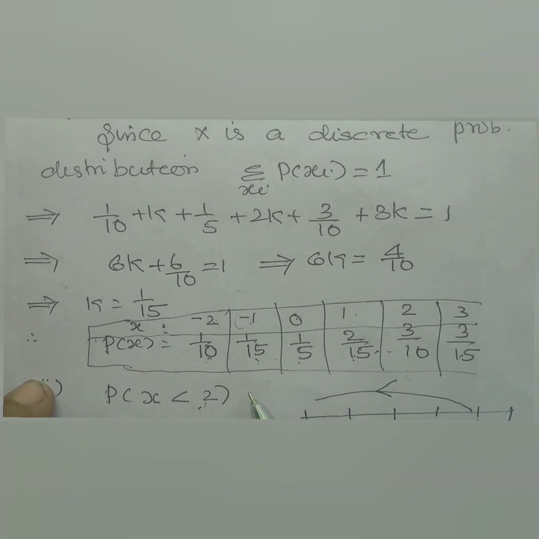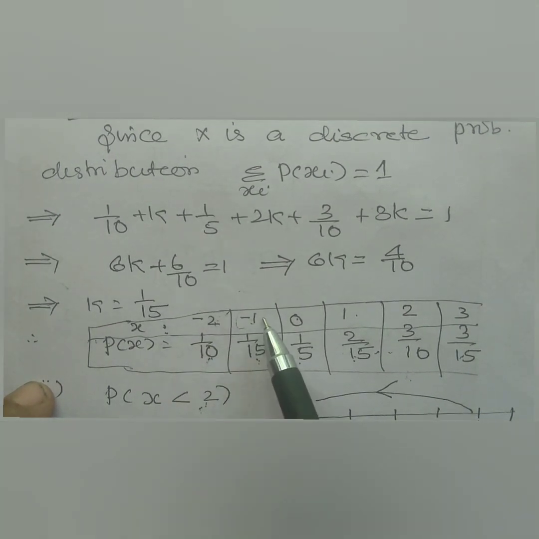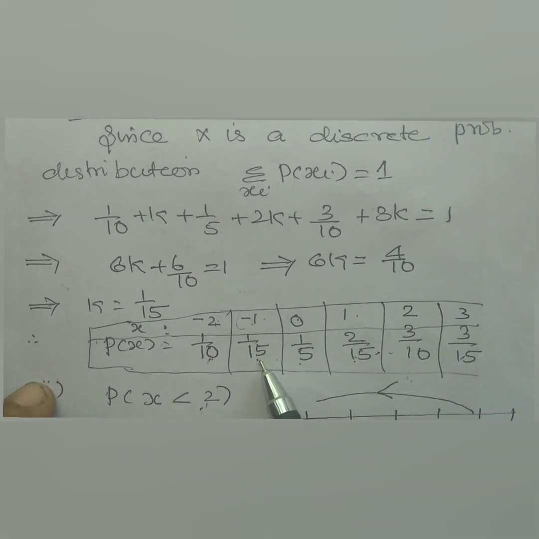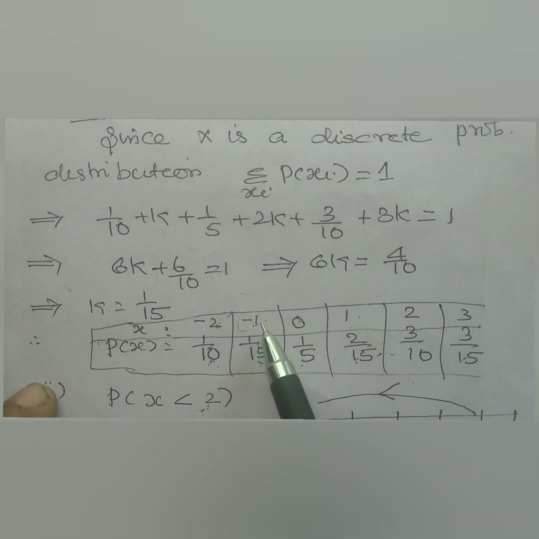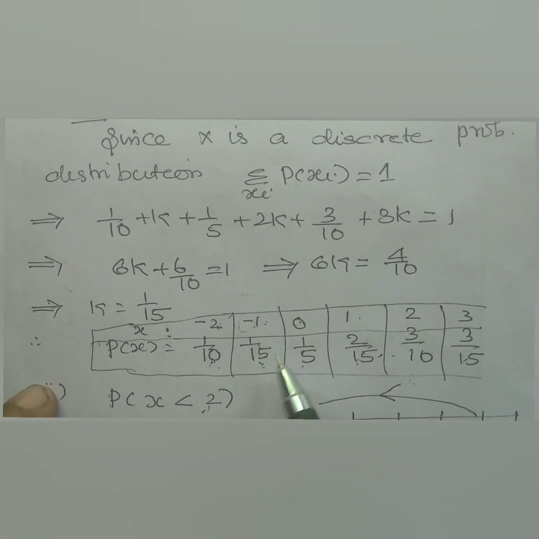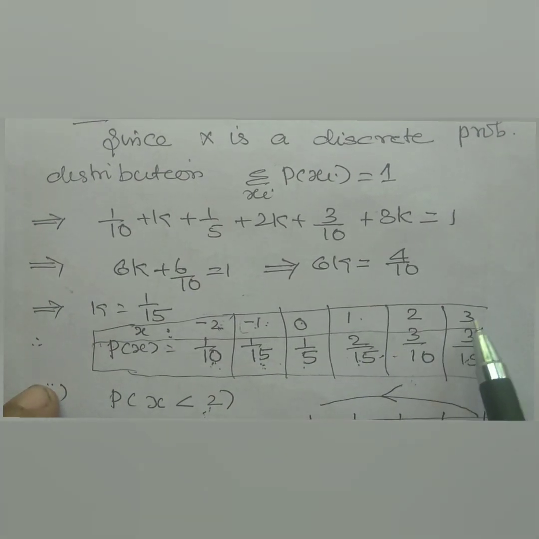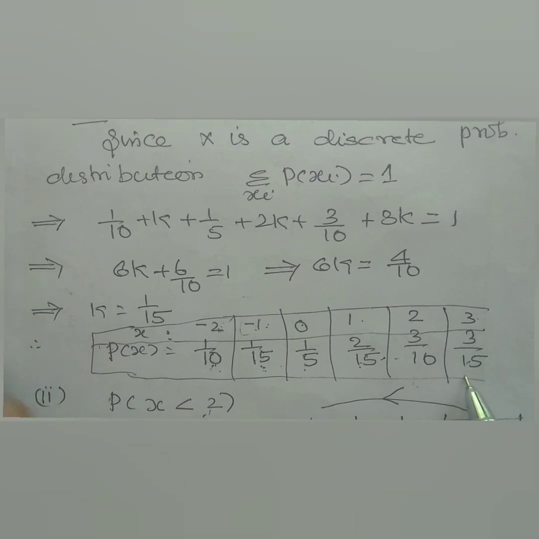What is expectation of x square? You take this square and multiply by this plus, and take this square and multiply this 1 by 15. So minus 2 whole square into 1 by 10 plus, minus 1 whole square into 1 by 15 plus, etc. up to 3 square into 3 by 15. So that is the value for expectation of x square.